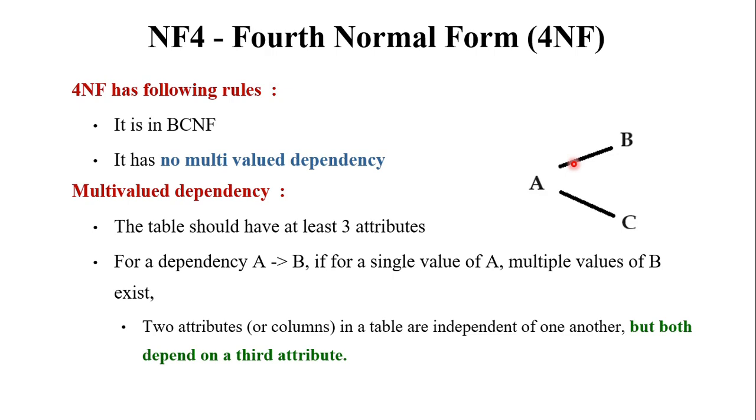How to eliminate? We can make A and B in one table, and A and C in another table. Because A is a column or attribute which has a dependency with B and C. So that is the multi-value dependency. So that is the condition.